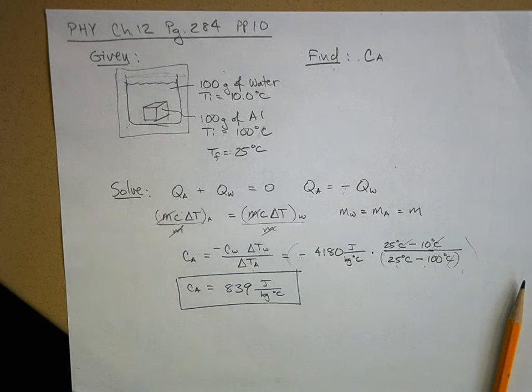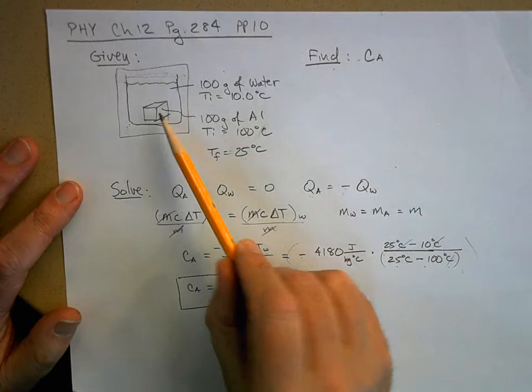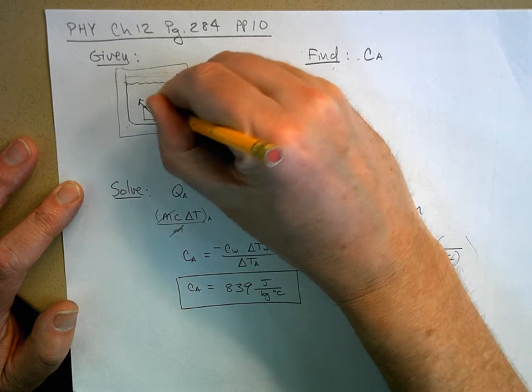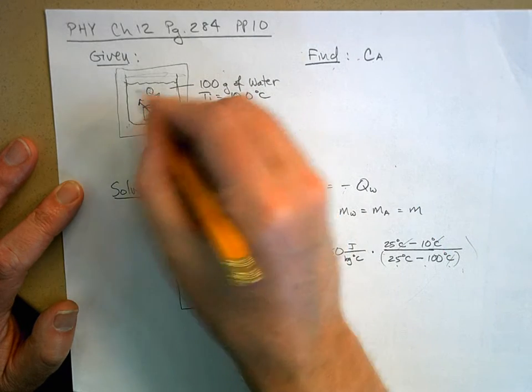It's all contained, like you put this in an ice chest, so heat can't get in or out. Heat is going to flow out of the aluminum and into the water. Does that make sense?